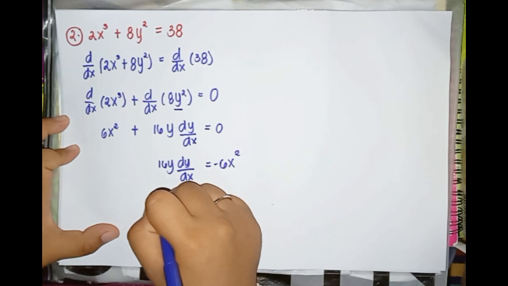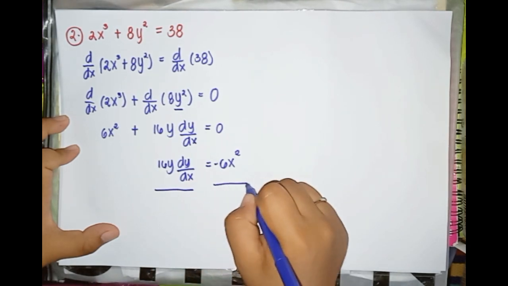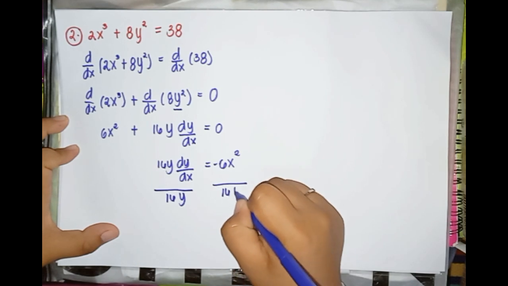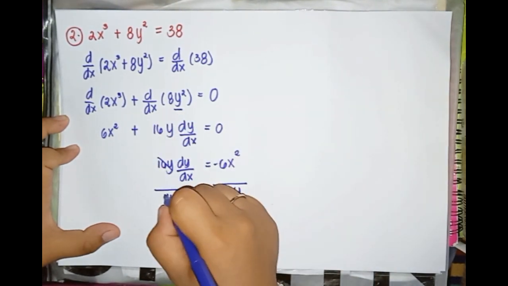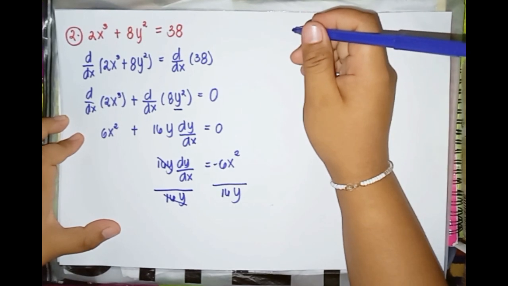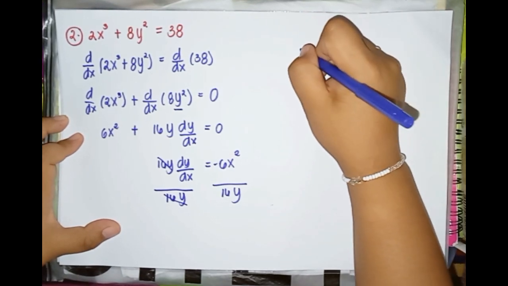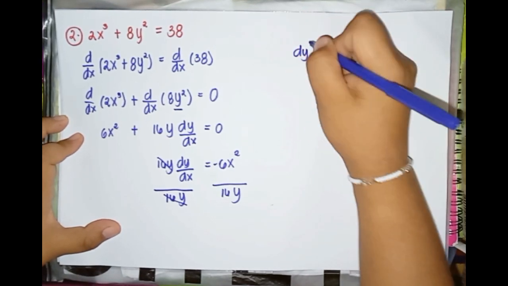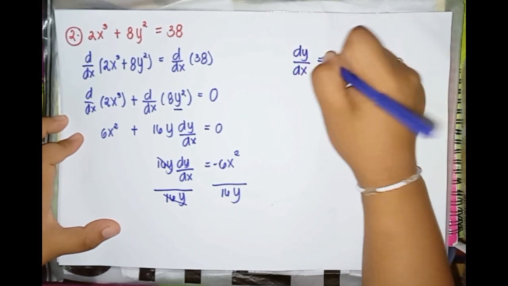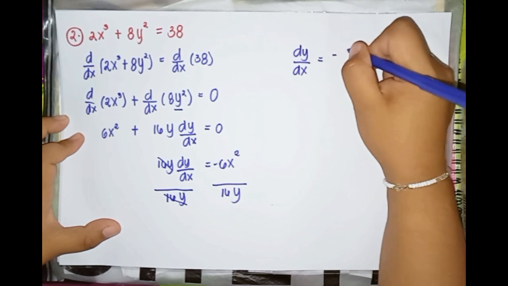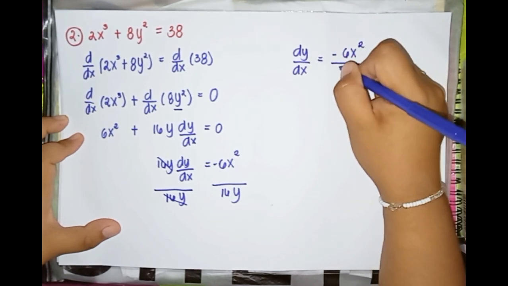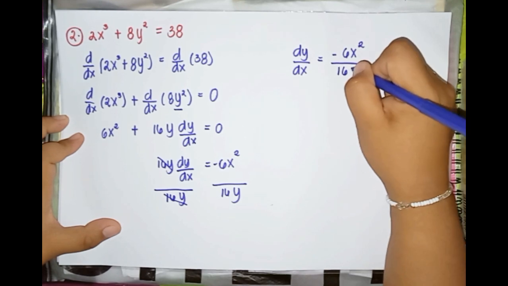What we're going to do is divide both sides by 16y because we want to be left with dy over dx. So we cancel 16y and we are left with dy over dx is equal to negative 6x squared over 16y.